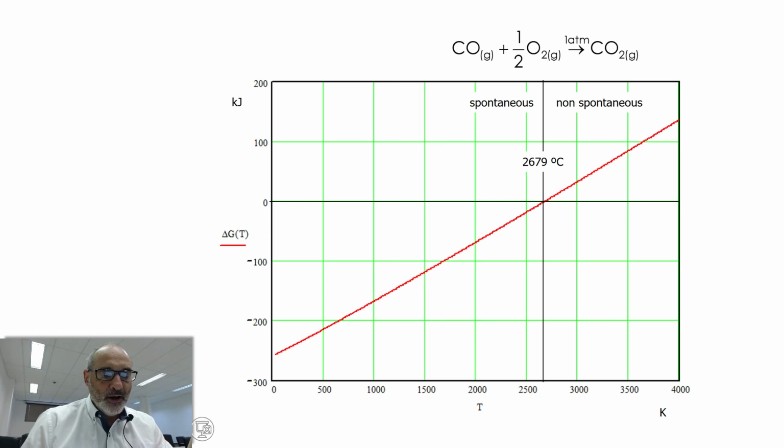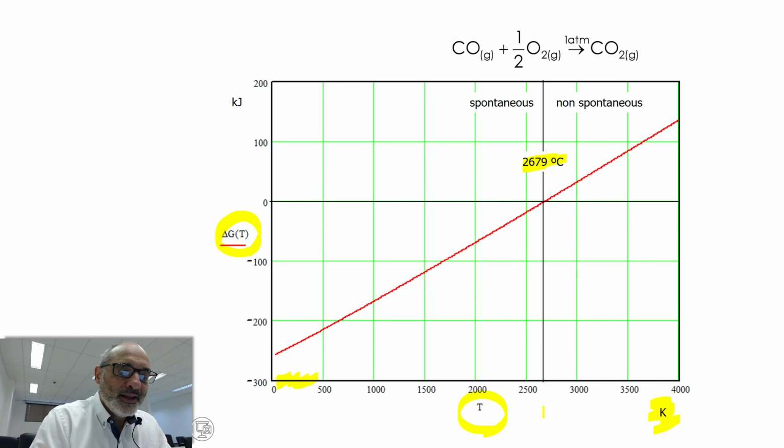Okay. Now we can make a graph like this. We have delta G as a function of temperature, in Kelvin, okay, absolute temperature. So at excessively low temperatures, starting from 0, which is unrealistic, but you know that around 2,679 degrees, delta G becomes 0, so the process is neutral.